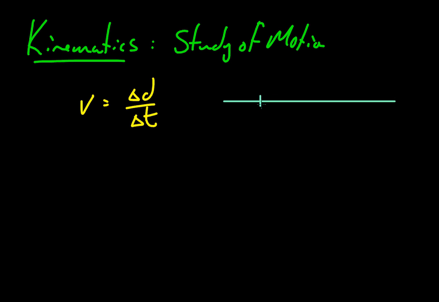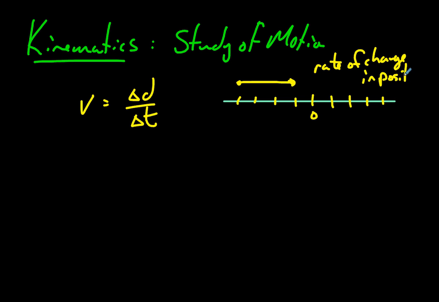So if we have a number line, as time goes by, if an object is changing position in space, we can figure out its velocity as the rate of change in position. And the change in position is called the displacement, so we get a velocity as a displacement over time.